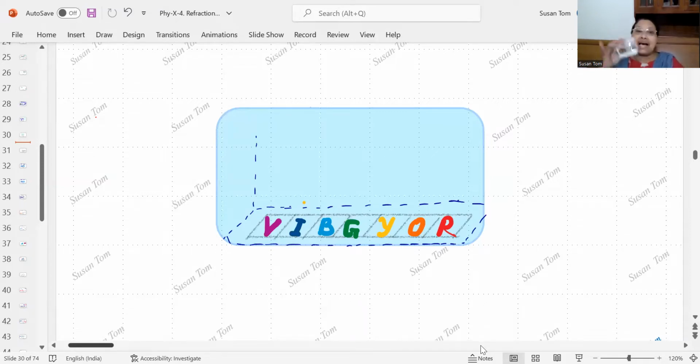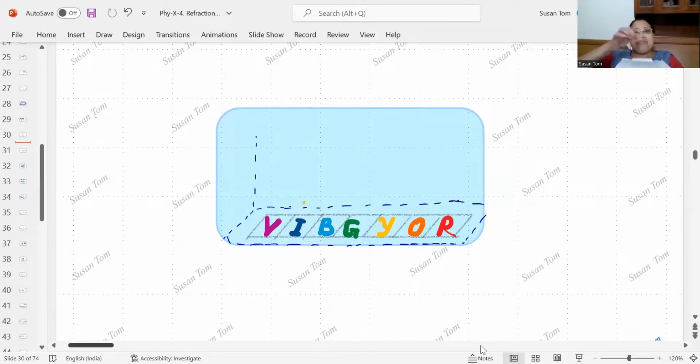Take any such heavy glass object and place it on your textbook where written content is there, and view from the top. You will see the letters outside the glass block as you usually see them, but through the glass the same sentence part will appear raised. This is what a shift actually is.